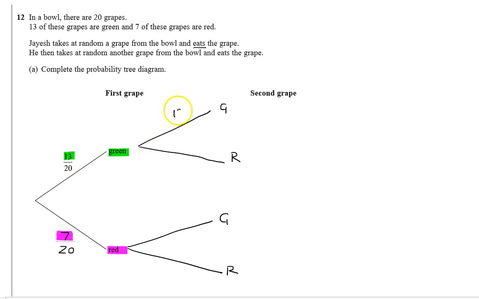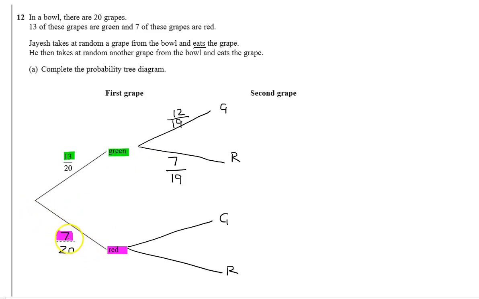So the probability will be 12 greens out of a total that was 20, now 19. And the red has not been taken, so this is 7 out of 19.